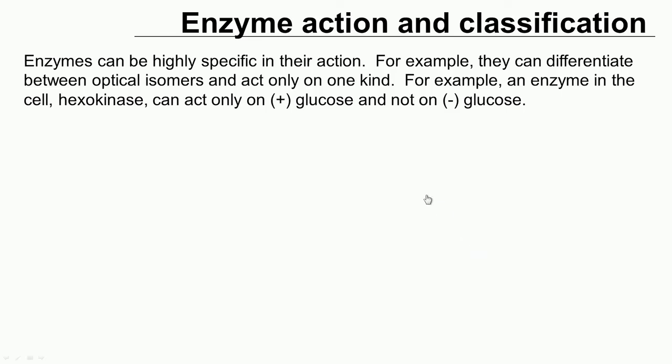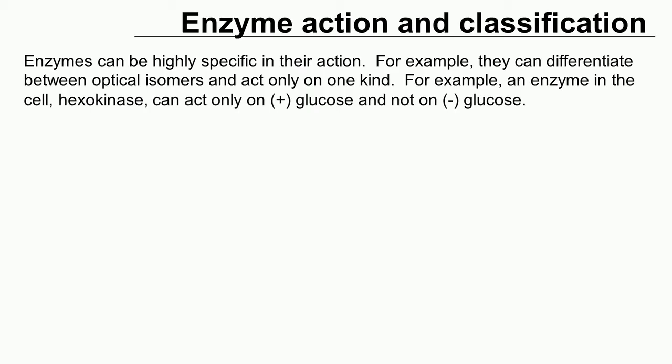Let us talk a little bit about these enzymes, which are specialized proteins or a class of proteins. Enzymes can be highly specific in their action, and that is what gives it its power. For example, they can differentiate between optical isomers and act on only one kind of optical isomer. Okay.